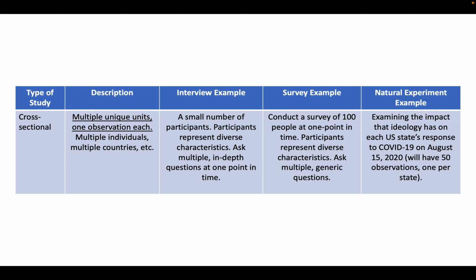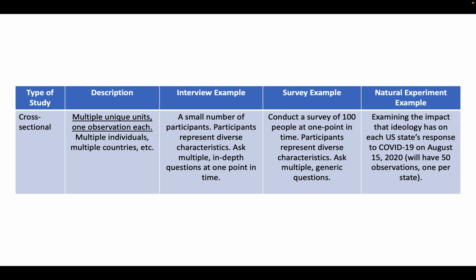We could ask multiple in-depth questions, but only at one particular point in time. We wouldn't conduct this survey over several years, but just at one time point. Another survey example would be, well, we could conduct a survey of 100 people at one point in time. Participants represent diverse characteristics. We could ask multiple and generic questions in a survey example as opposed to multiple in-depth questions in the interview.